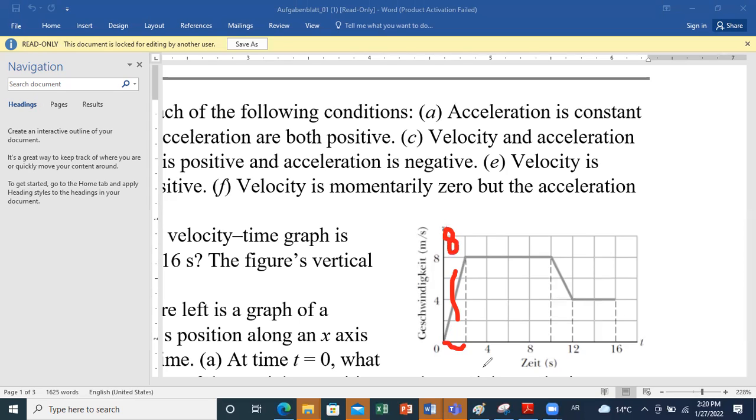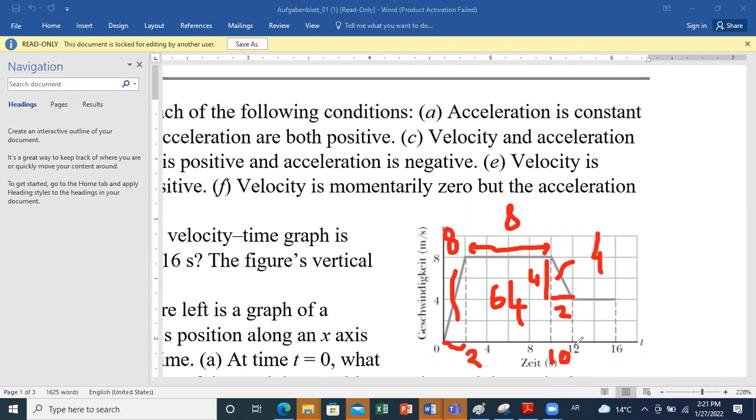For this square here, this distance is between 2 and 10, so it's 8, and here also it's 8, so 8 times 8, the area here is 64. For this triangle, the base is 2, the height is 4, so the area is 4 times 2 over 2, it's 4.